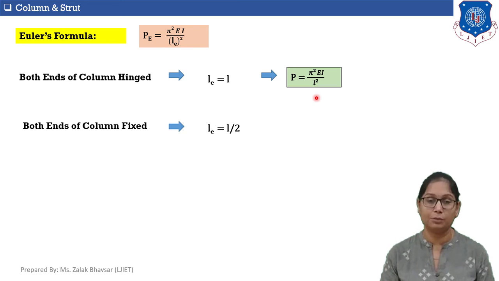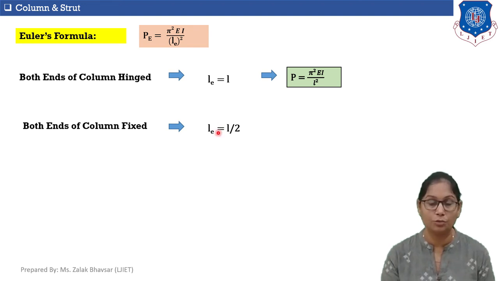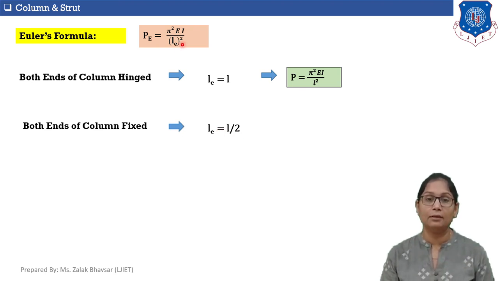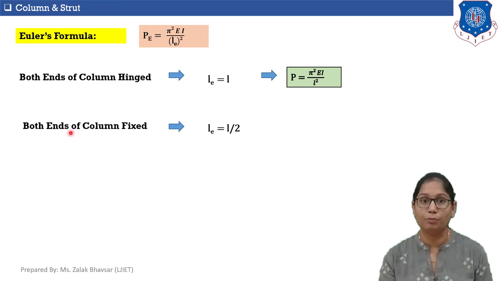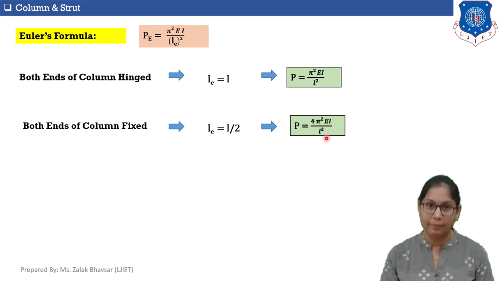Here both ends of the column are fixed, and we know that for such a condition the effective length is equal to L by 2, where L is the original length. If I replace LE with L by 2, I get Euler's formula for both ends fixed equal to 4 pi² EI upon L².